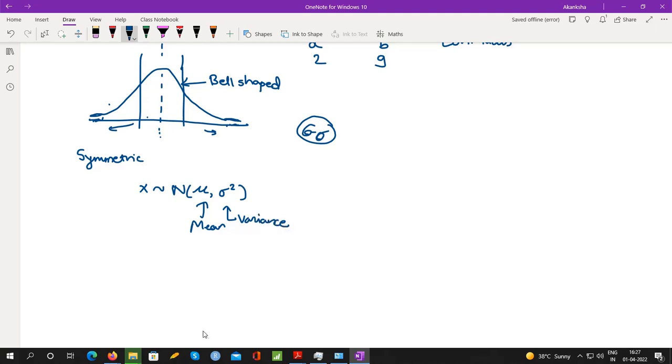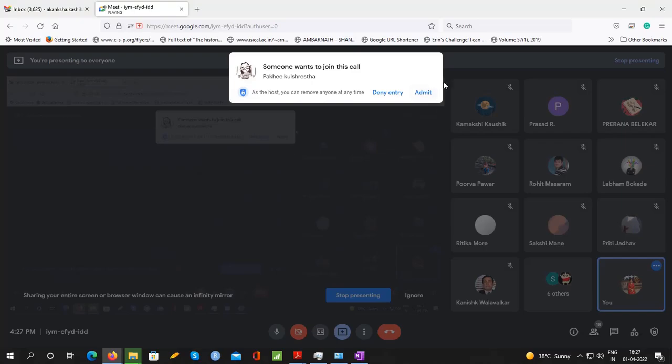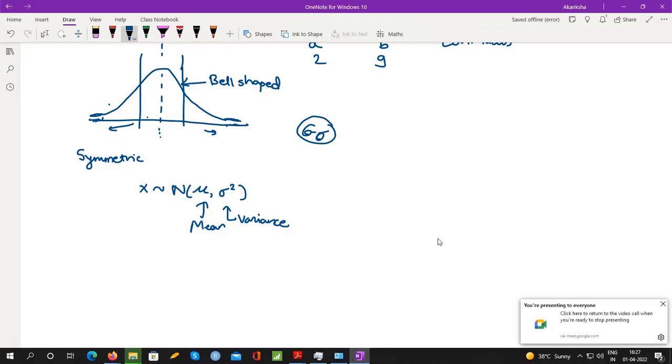You know variance, right? You have seen sample mean and sample variance, which you have computed using exercises from the given data points. So this is known as population mean and population variance.